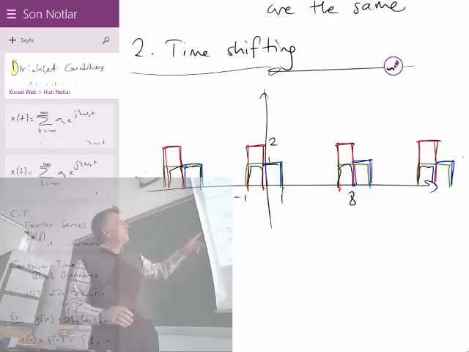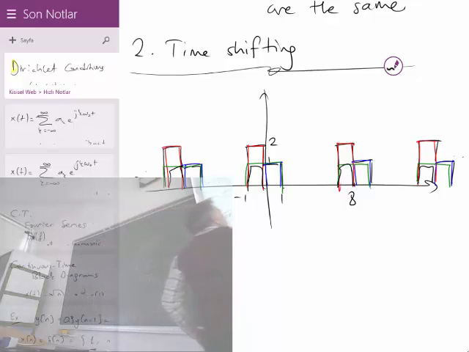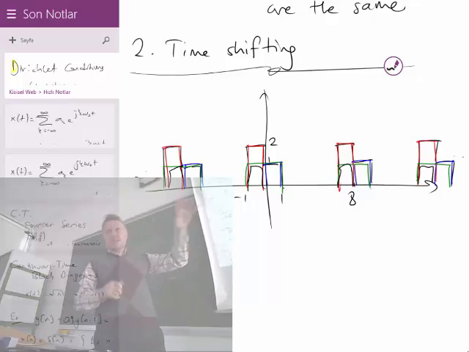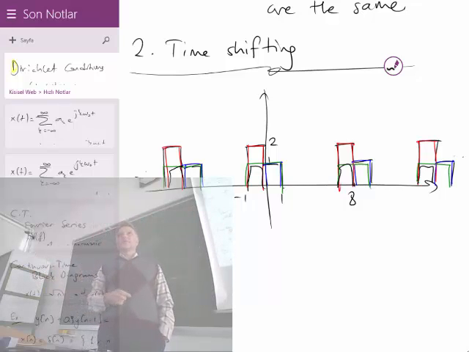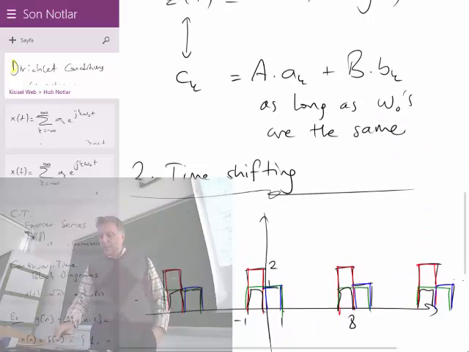When you add up the small black ones here, here, here, and there, with the green pulses, you will also get the same shape. So you can solve the question like that too. Find the Fourier series coefficients of the green and the black, and then combine them using the linearity property.